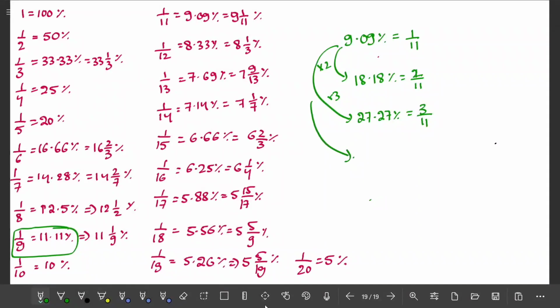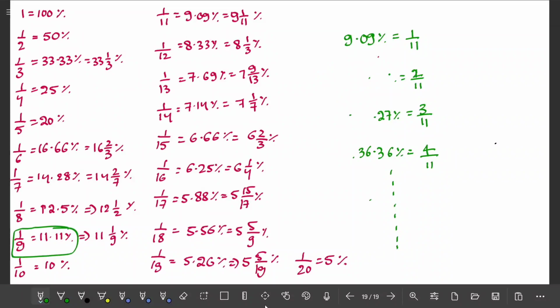If I do the same with 4, it is 36.36%, which is 4 by 11, and so on. Clear? With one single value, we can derive so many values. Clear? So while solving the problems, we will learn all the other values. Okay? When required, we will bring up the topic and the concept and solve it.